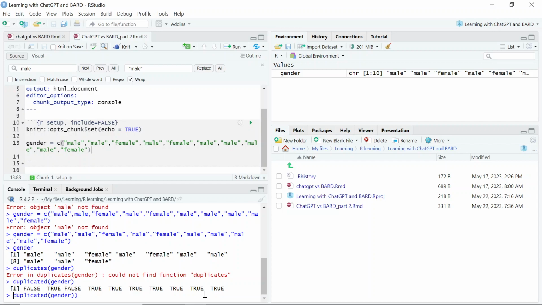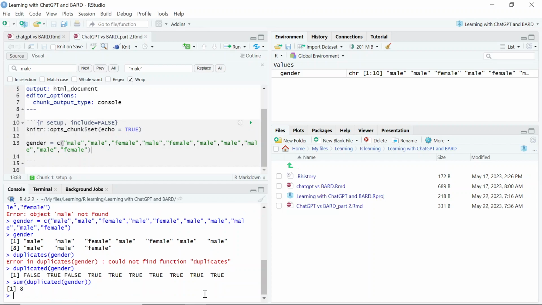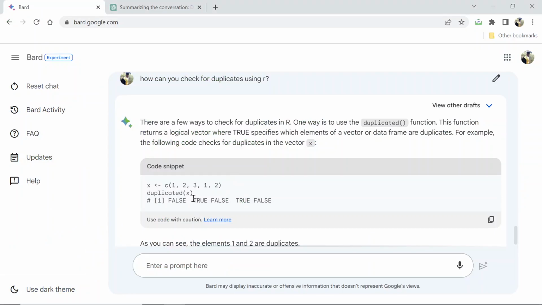Let me sum all my duplicates. I see I have 8 duplicates. The first male is not a duplicate, but the next males are: 1 2 3 4 5. For female, the first is not a duplicate, then 1 2. I have roughly 8 duplicates, so it seems this function works correctly.